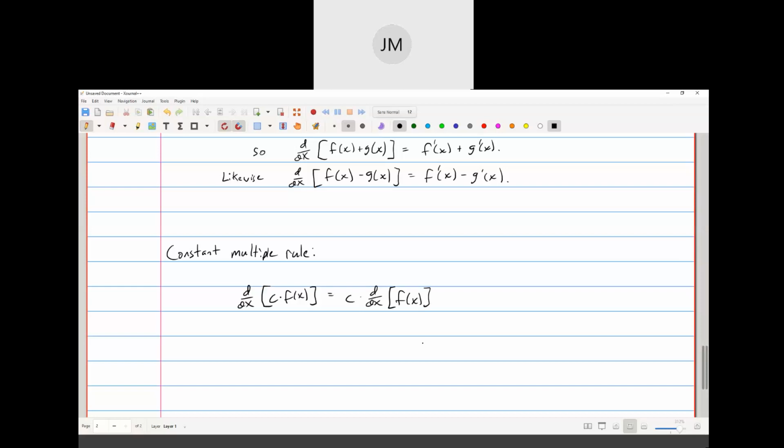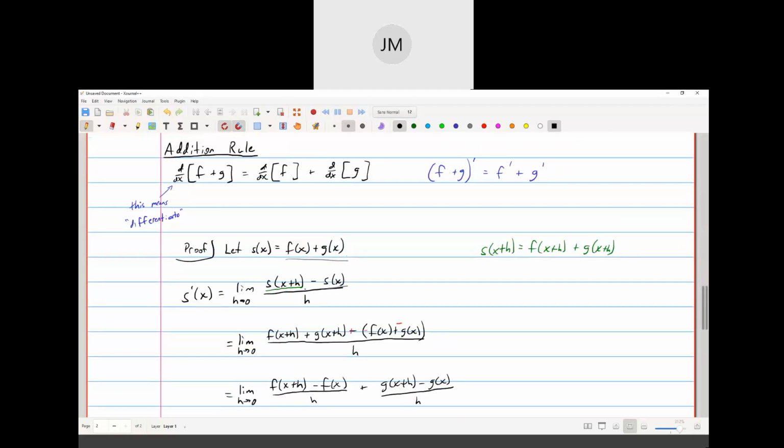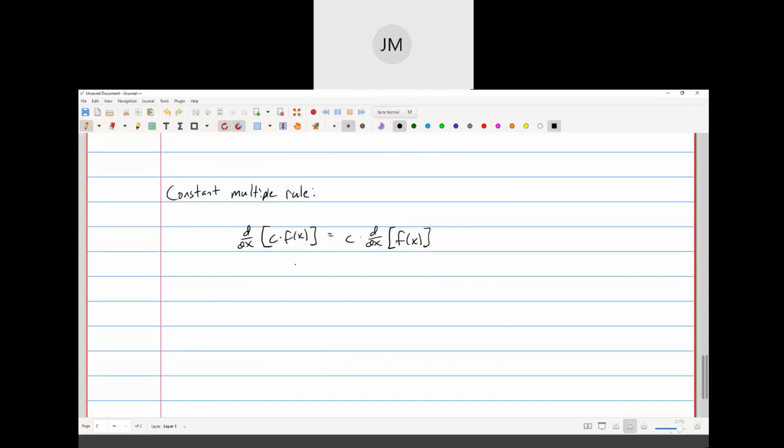And what's going to happen there is that inside the limit, I'm just going to have a constant multiplied by everything. Like if I look at our limit definition, if I had a constant times my function minus a constant times my function, I just factor the constant outside of the limit. And that's all that happens there. So constants, when we're differentiating, factor out and stay untouched.